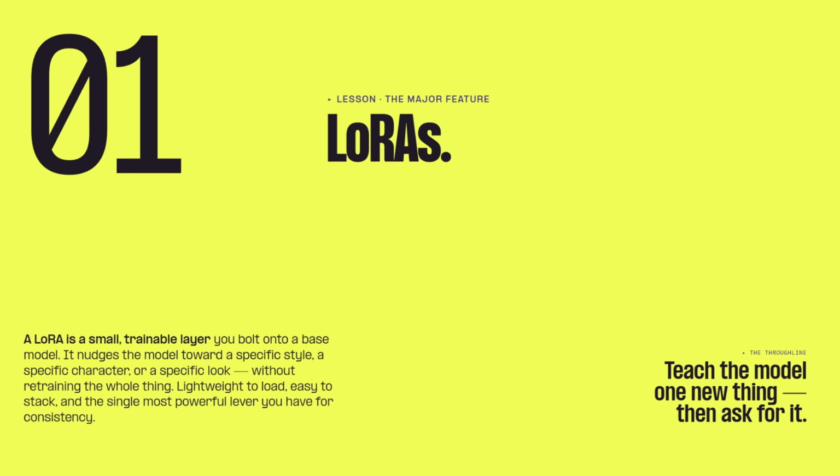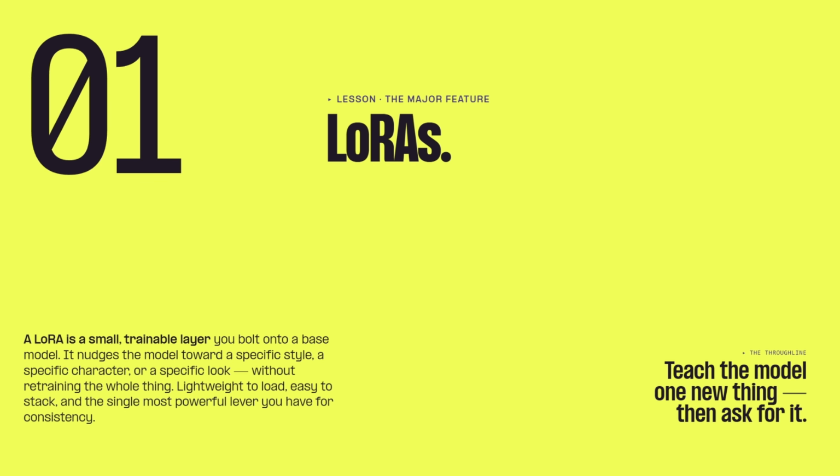And one of the biggest tools for controlling the style of an image is a LoRA. Now, what does LoRA stand for? It stands for low rank adaptation. And what that means is think of it like a little mini model that you bolt on top of the main model.